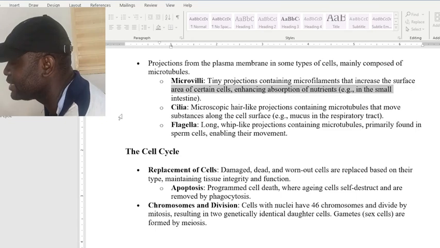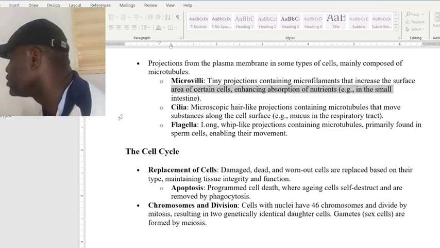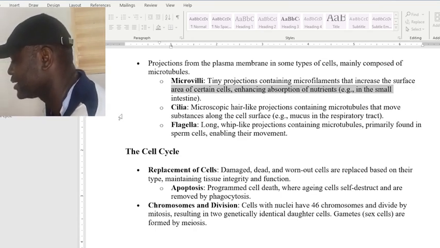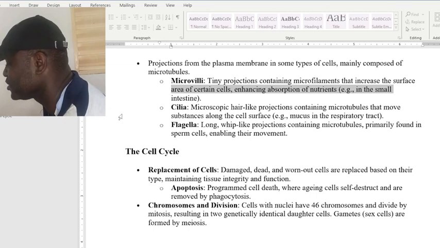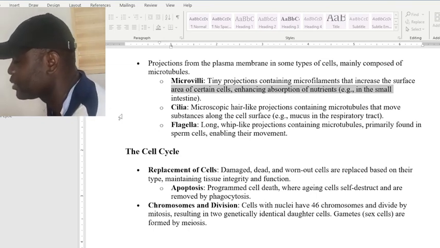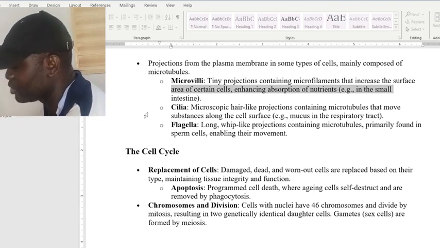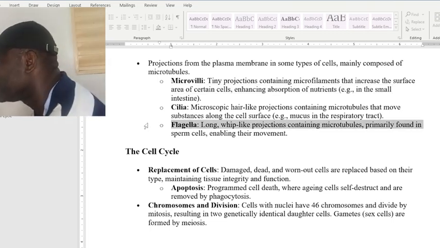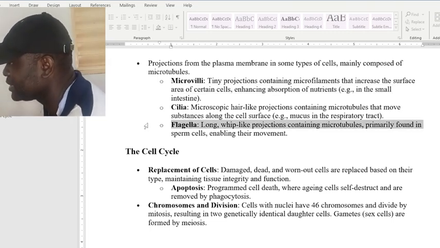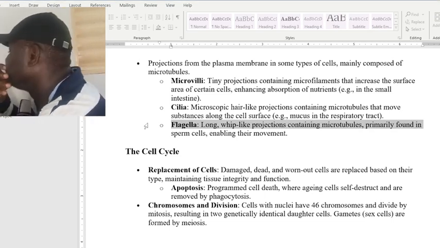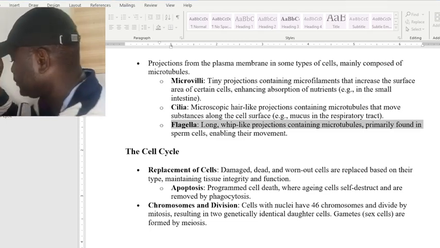When you inhale, if the foreign particles escape the nasal cavity and get into the upper or lower respiratory tract, mucus will trap them. And the cilia will now move this mucus into your upper respiratory tract, and you can either spit it out or take it in through your digestive tract.